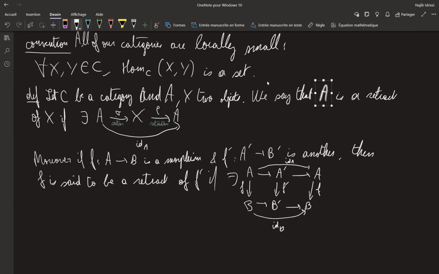No, if the arrows exist, then we say that A is a retract of X, but there can exist many possible arrows. Okay, thanks. There can exist several possible sections and retractions, but in all cases, we say that the object is a retract of the other one, or that the morphism is a retract of this one, but it's not necessarily part of the data.